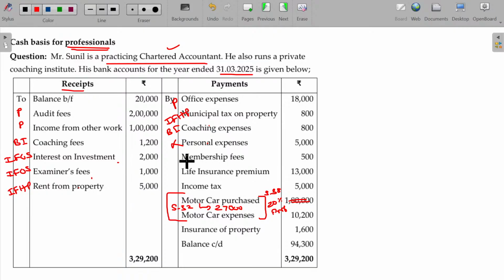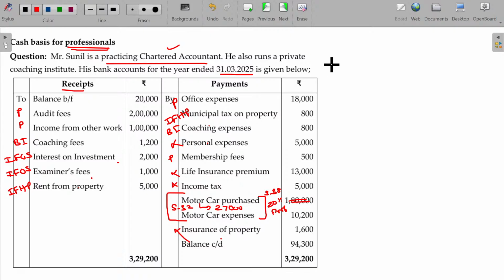As he is doing professional business, there will be revenue and from there it can be deductible. So it's a part of their own professional expenses only and can be adjusted there. Life insurance premium is a personal expense. Income tax cannot be deductible. Insurance of property cannot be deductible. Why? For income from house property, you can claim only one deduction, which is the standard deduction at the rate of 30%. No other expenses related to the income are deductible.